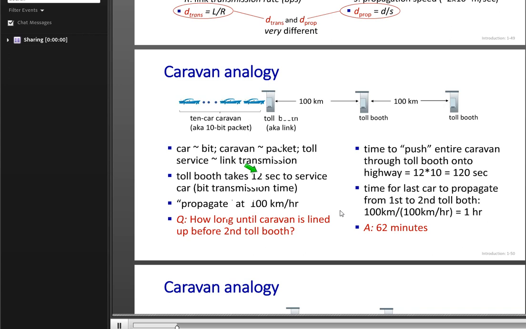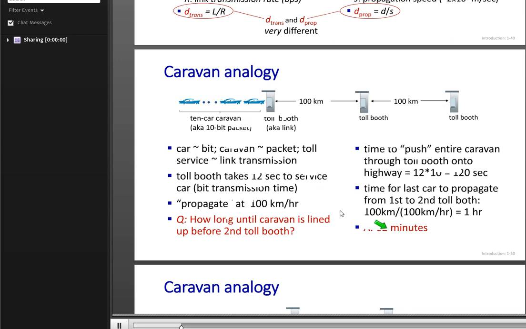So it means that we need 120 seconds, or 2 minutes, for the caravan to pass the first gateway, entering into the highway.